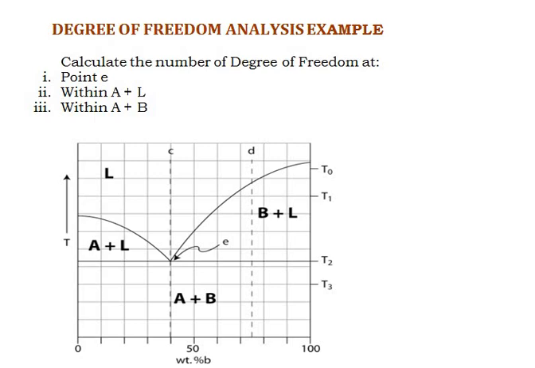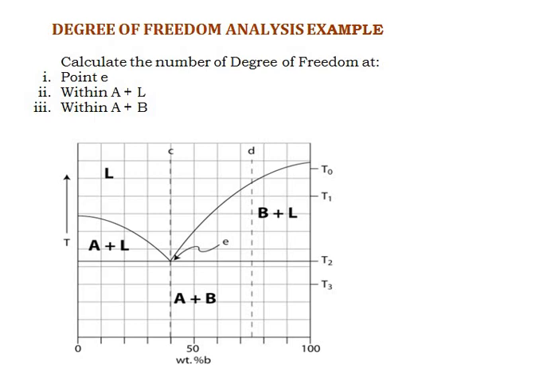As you can see from the question, we're asked to calculate the number of degrees of freedom at the first one, point E, which you can infer is the equilibrium point where the phases all coexist. Then within the region of A plus L, both A and L are phases, and then within the region A plus B. In this phase diagram, we can assume that pressure is maintained at a constant value while we have a plot of temperature against weight percent of the two different phases.